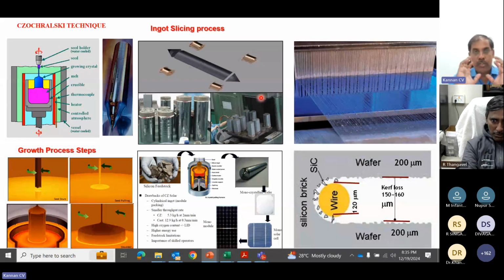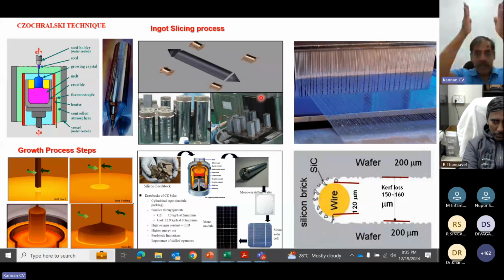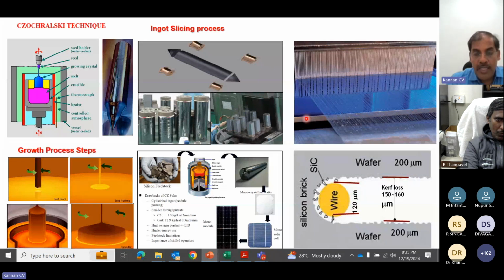When it goes into the cylindrical form, the wire will go like this. Then once again the stage will rotate and the wire will go like this, so that when it comes out, the cylindrical crystal will become square shape after the pieces are cut off.